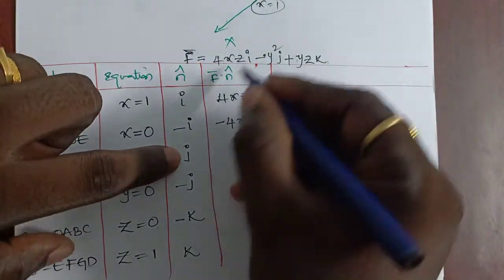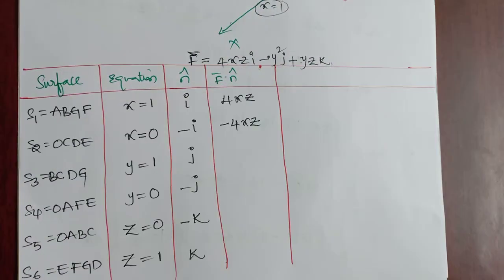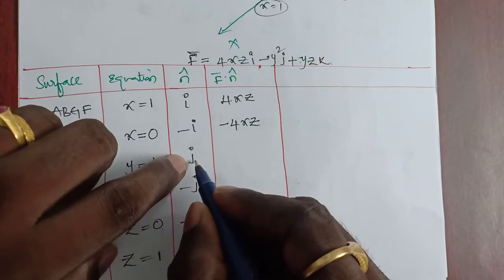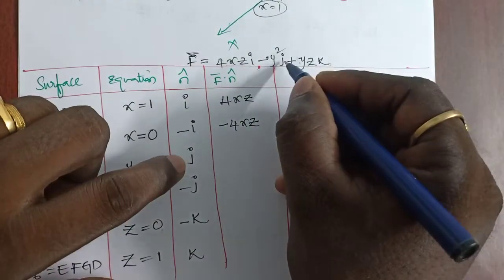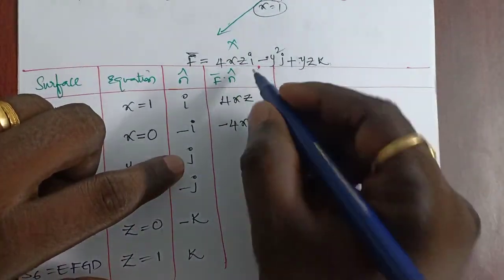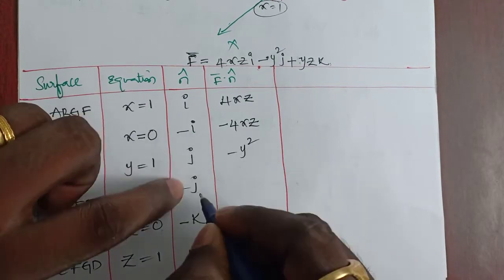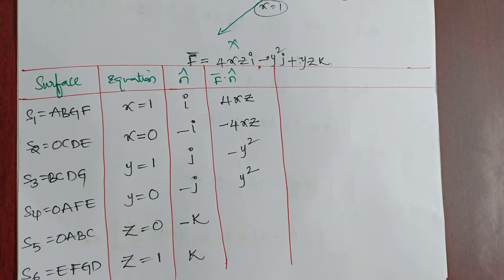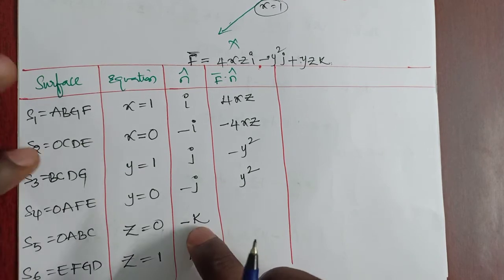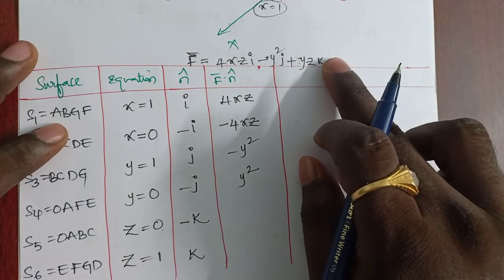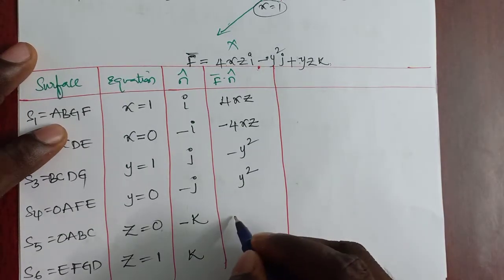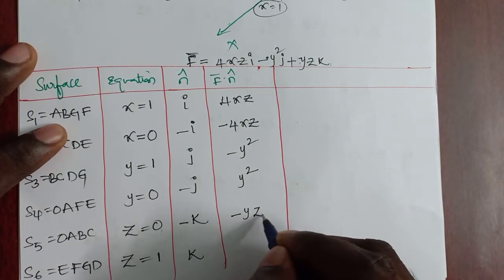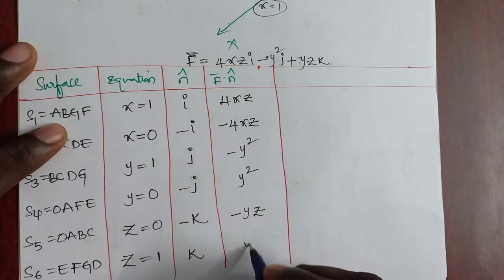For j it is 0. Now coming to the dot product of j, j bar dot j bar is 1, and the other two are 0, so it is minus y square. So minus j bar, since it is plus y square. Now coming to the minus k, minus k bar dot k bar is 1, so it is minus yz. So k bar dot k bar, simply it is yz.